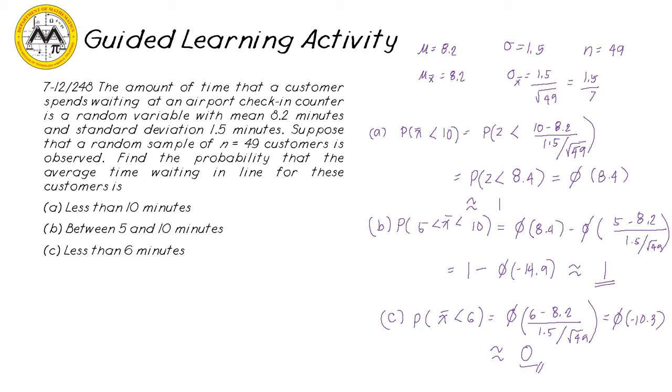If you would be solving for greater than 10, it's quite far from 8.2, so it's quite impossible to have a distribution greater than 10. So the probability that it is less than 10 is very, very sure. It is quite impossible also to have the waiting time less than 6 minutes. So less than 6 minutes is impossible, almost 0. And between 5 and 10 would be sure minus impossible. So that would be 1.